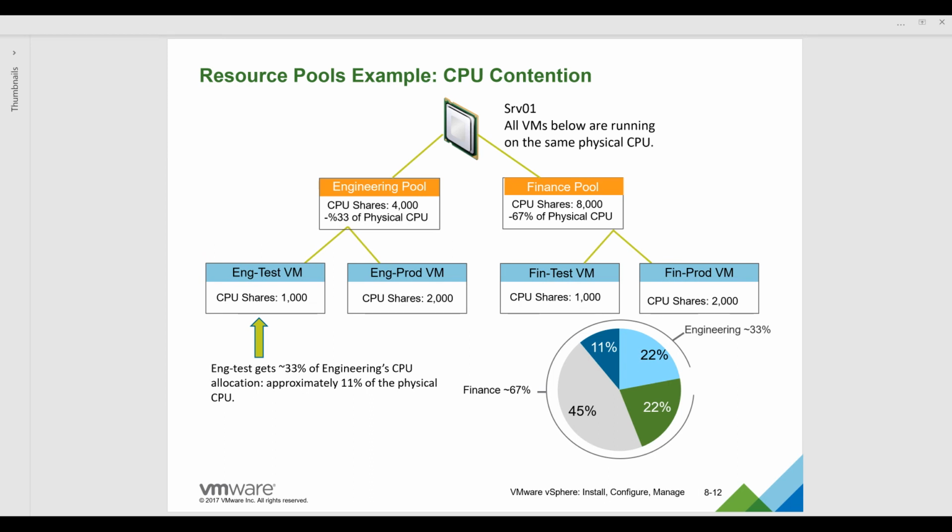Now here we're seeing contention. All these VMs are running on the same physical CPU. And engineering's getting 33 and finance is getting 67. So what we end up, we have 11% of the physical CPU available.